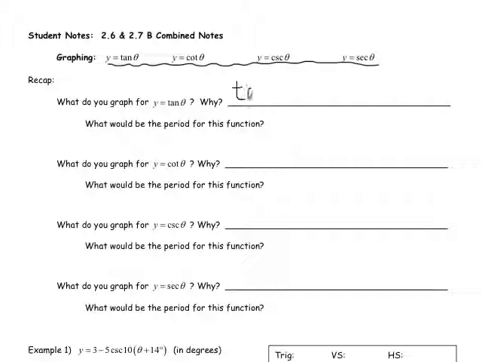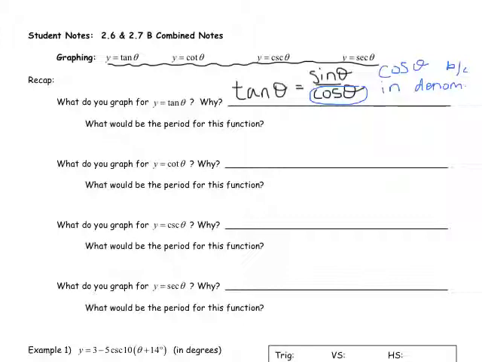So let's first recall that tangent of theta is equal to sine theta over cosine theta. So what we graph is cosine theta, because it's in the denominator. When we graph cosine theta, then we find the zeros.